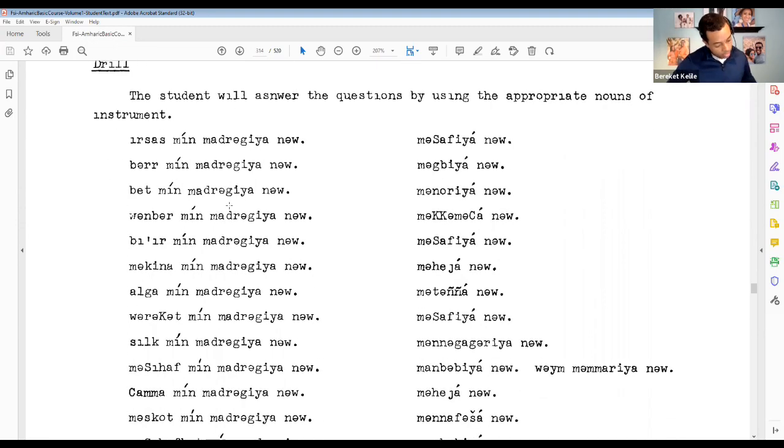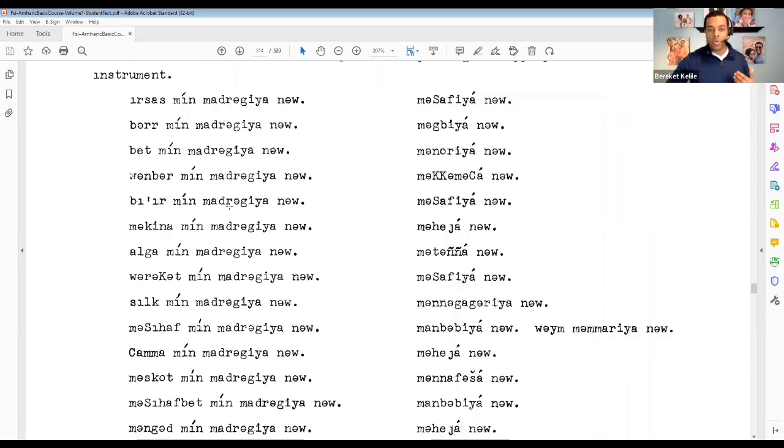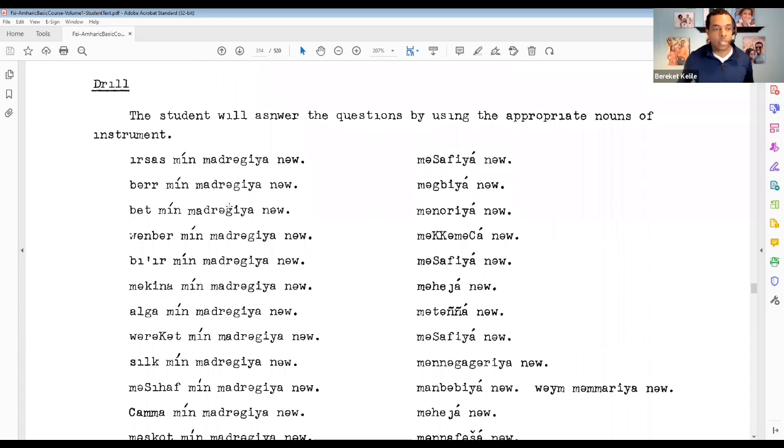Then it goes through, gives you a drill exercise where it just gives you a list of these questions along with the answers. Now, what is a pencil used for? Masafia, no, to write, it's used for writing. Butterman Madrigano, Magbiano.